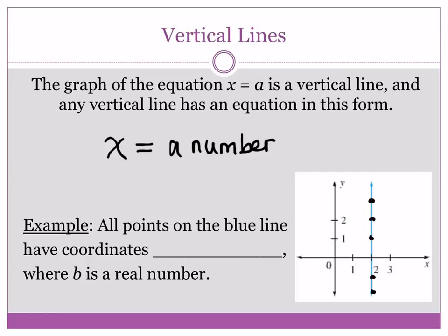Every single one of them, their x coordinate is 2, right? That's why it has the equation x = 2. Because every point on the blue line has x equal to 2, and then y is some other number. It's (2, 5), it's (2, 10), it's (2, 3.17489), starting with 2. So the equation for this line would be x = 2. So far, so good?